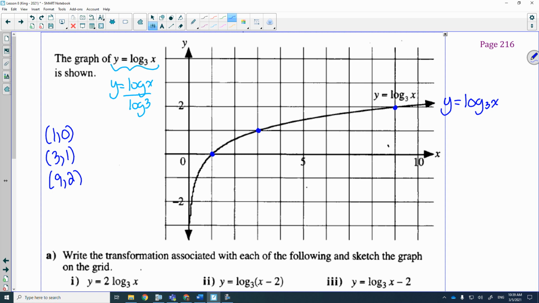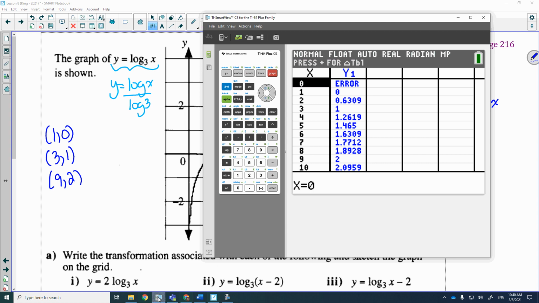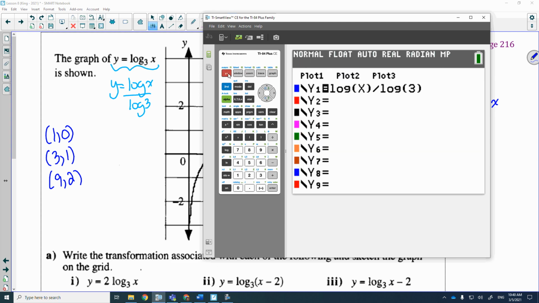Let's say you wanted to enter this into your calculator not using change of base. The reason why we teach you change of base is the old calculator, so anybody that has an old calculator won't have this button on your calculator. But where it will be, if you go to y is equal to, I'm going to clear this.